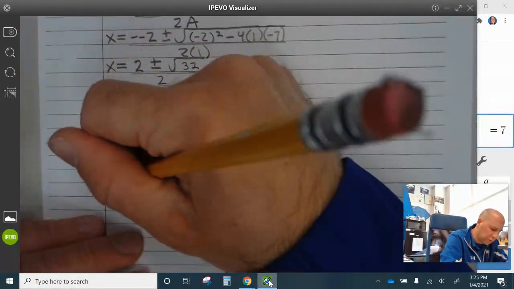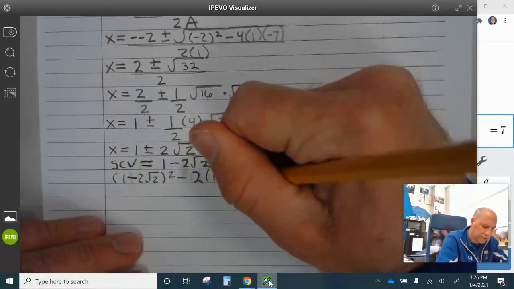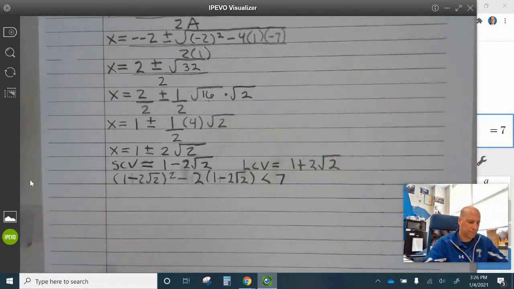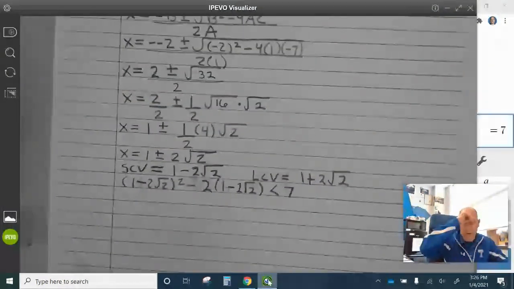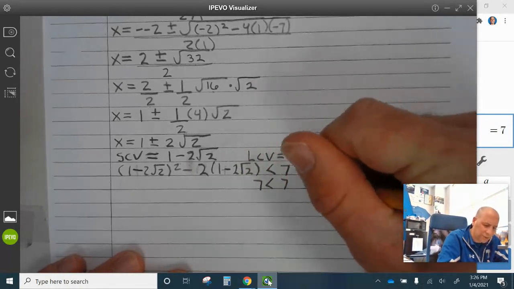Sorry, I put it in Desmos correctly, but I'm writing it wrong here. And you want to check yourself sometimes. So I should have put in minuses right there, but nonetheless, that's 7. Okay, so 7 is not less than 7, so that's false.